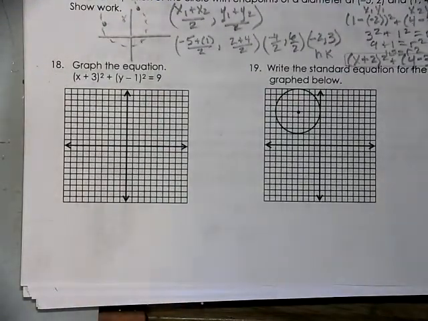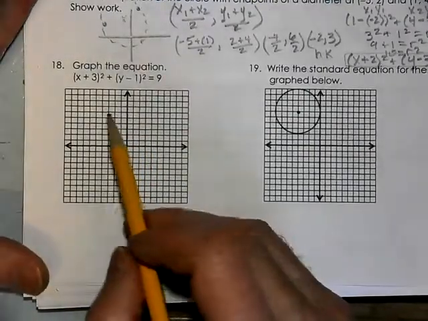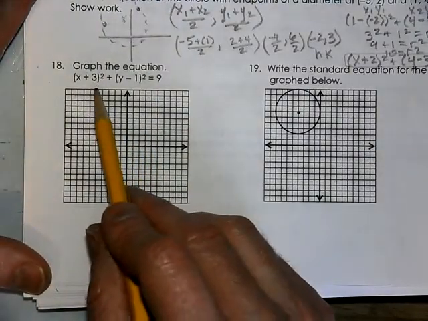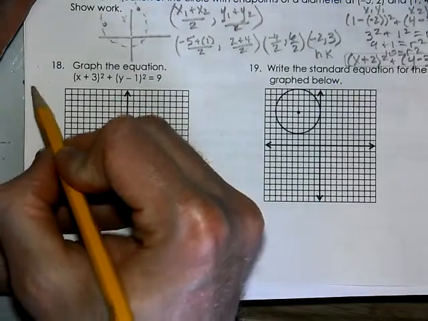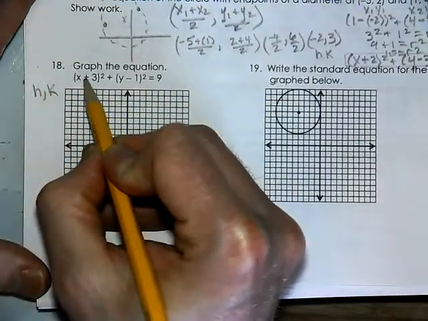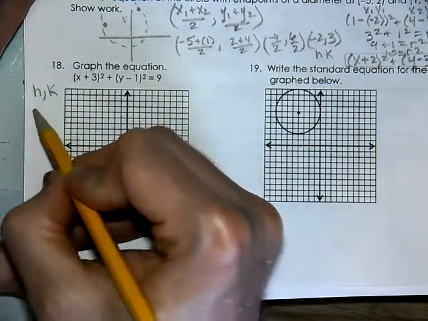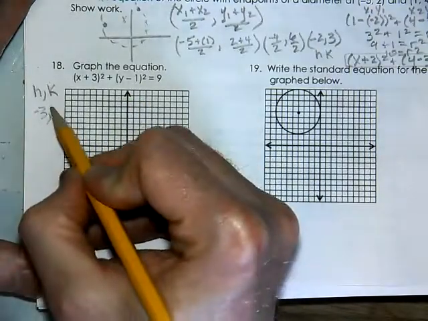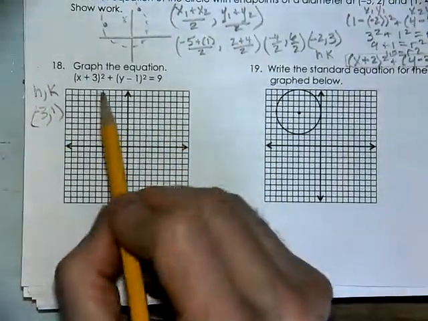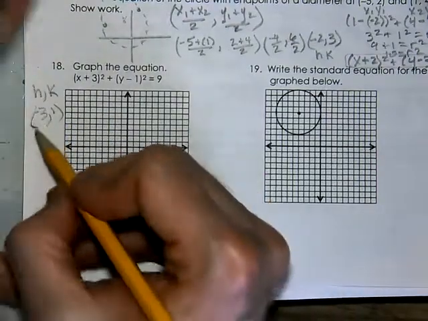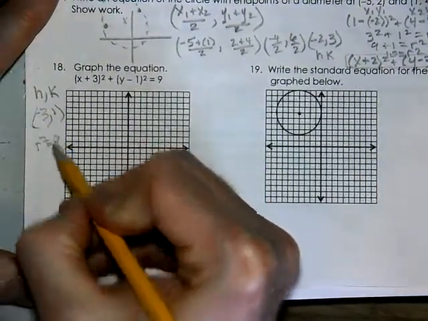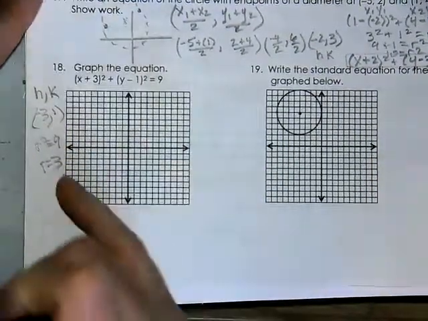These last two questions, we're supposed to graph the equation. With this problem, we know that our (h, k) is going to be a -3 and a +1. Remember, it's always opposite of what's there. And the radius squared is 9, so the radius is 3.